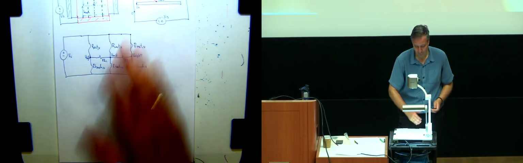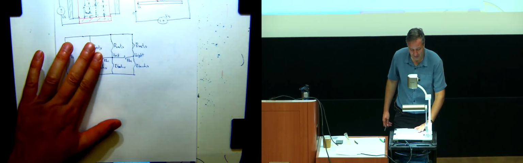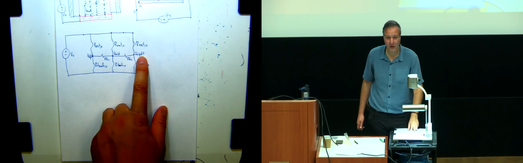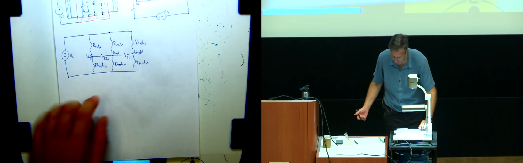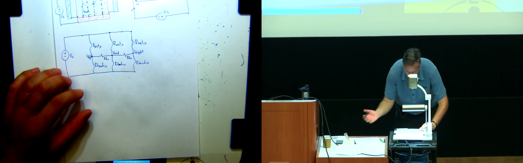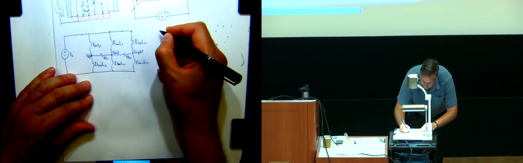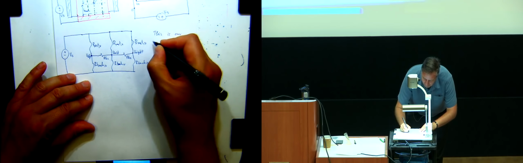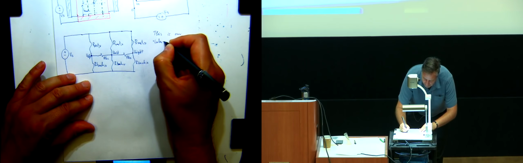They're the same. And then, does it matter that there's a third branch? No. What is U mid and U right? Same, right? So this is our interesting circuit.